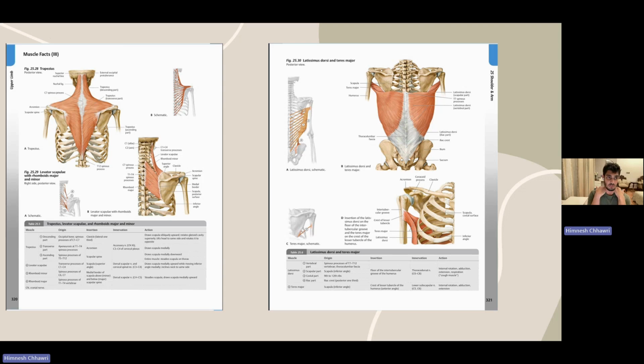Then we have the transverse part. The transverse part originates from the spinous processes and aponeurosis of T1 to T4. The vertebra, not the body, has a transverse process and a spinous process. So all of these are from the spinous process: C1 to C7 descending, T1 to T4 transverse, and then the ascending part is from the spinous processes of T5 to T12.